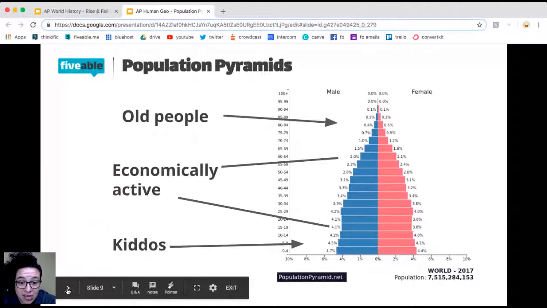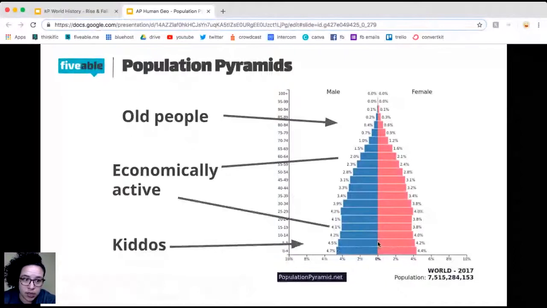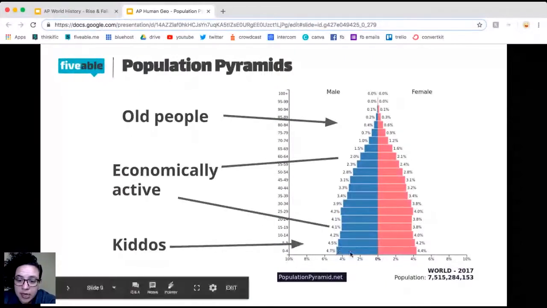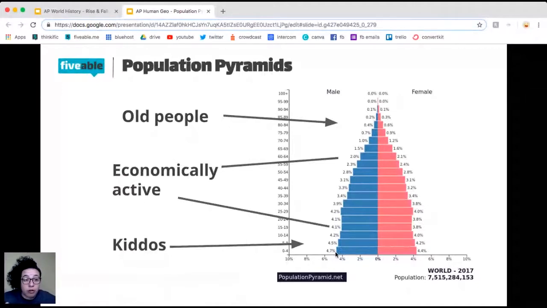The second thing you can see is birth rates and death rates. As you look at population pyramids, this bottom piece here will show you birth rates, right? It's not going to necessarily show you the number. It's not going to say the birth rate in the world is some number, but you can see in relation to other ages, in general, if it's long, the birth rate is high.